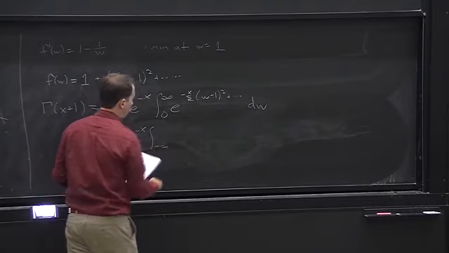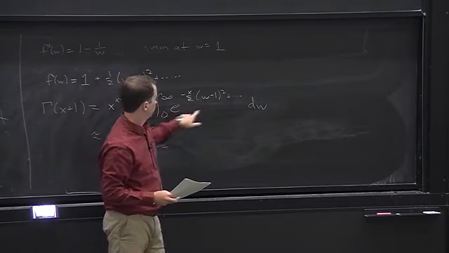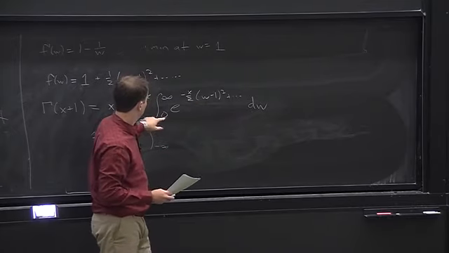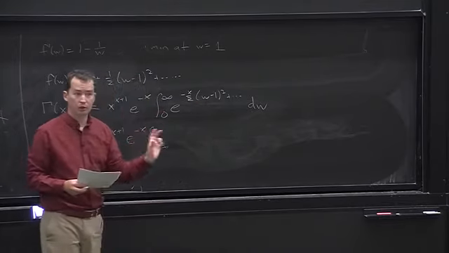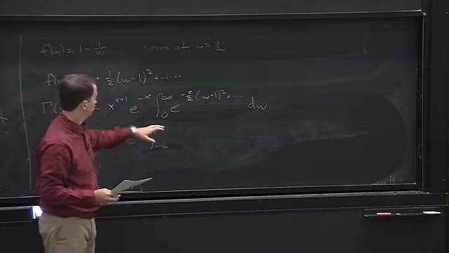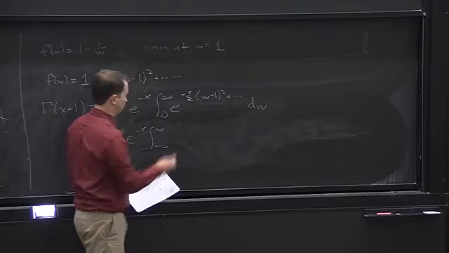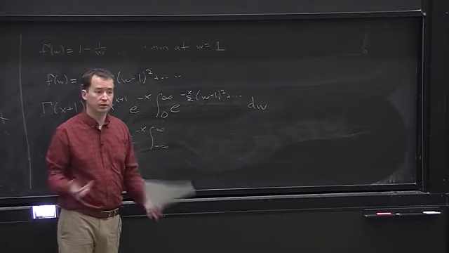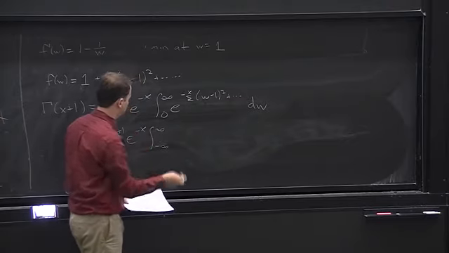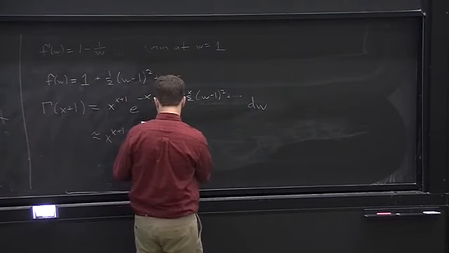But for x large, this integrand is highly peaked around w equals 1. And so only a small region around w equals 1 will contribute meaningfully to the integral. And so if we extend the range of integration from 0 to minus infinity, we're not changing the value of the integral very much. The integrand is already tiny at 0, and it only gets smaller as we take w to be more and more negative.